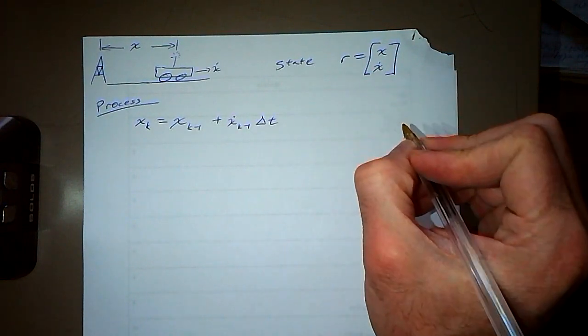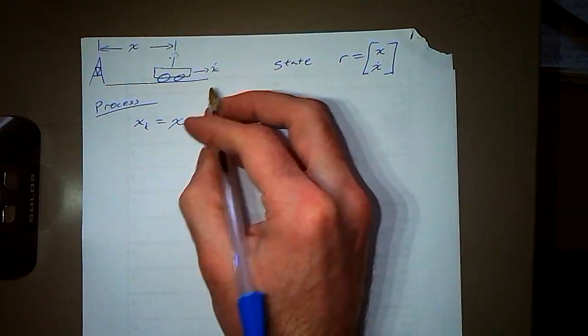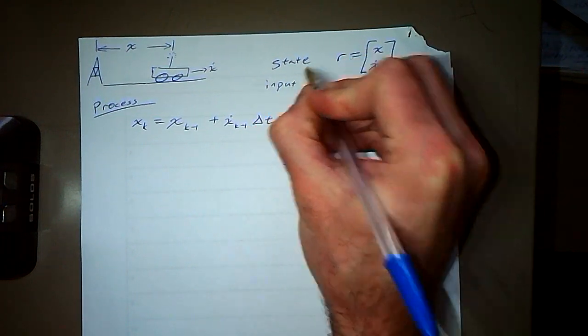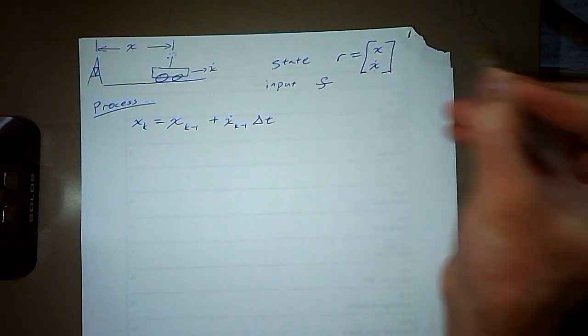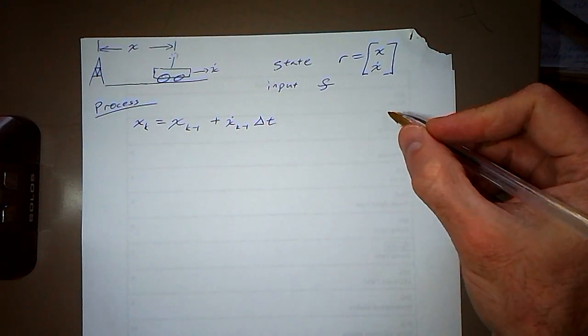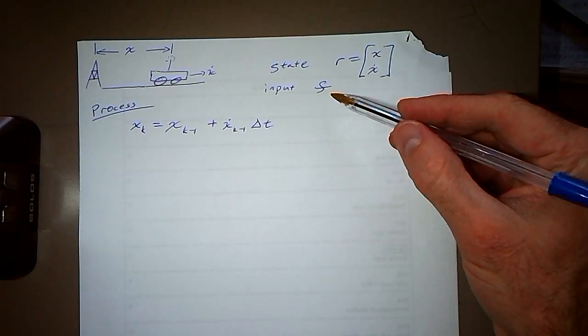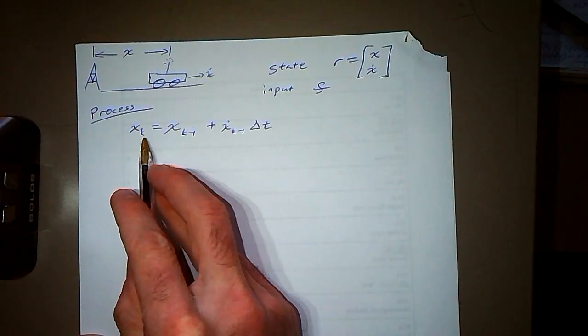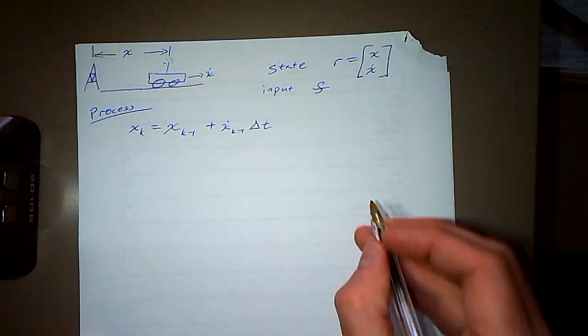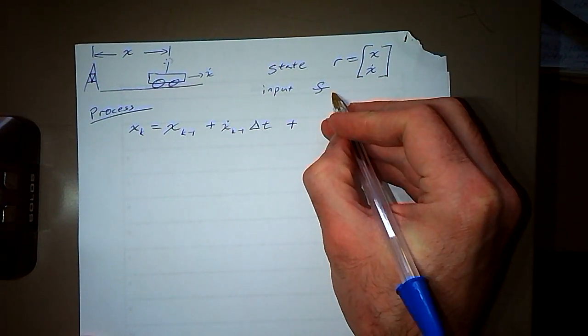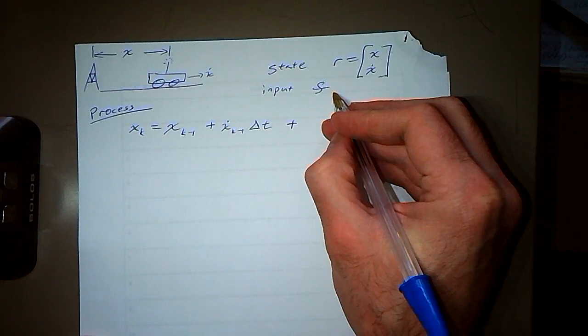And then, I forgot to mention the driver of the train has input f, so he can apply some force, and that's either an acceleration force, which would be positive f, or a braking force, which would be a negative value. That force can affect our position, and the acceleration is the force divided by the mass of the train.